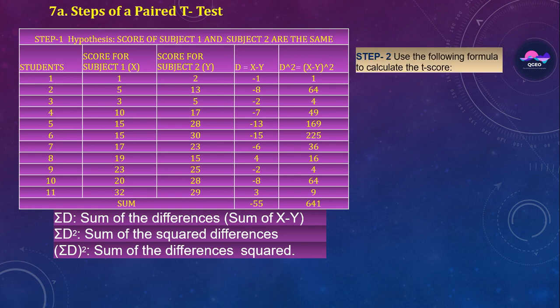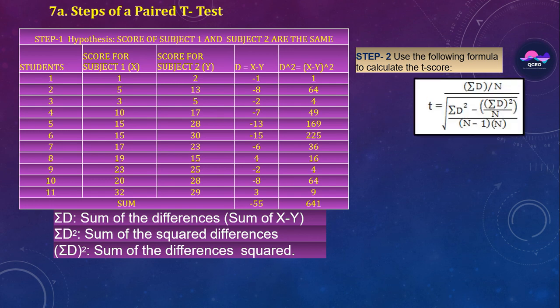Step 2, use the following formula to calculate the t-score. T is equal to summation of d by n, divided by root over summation of d square minus summation of d whole square by n, divided by n minus 1 into n.